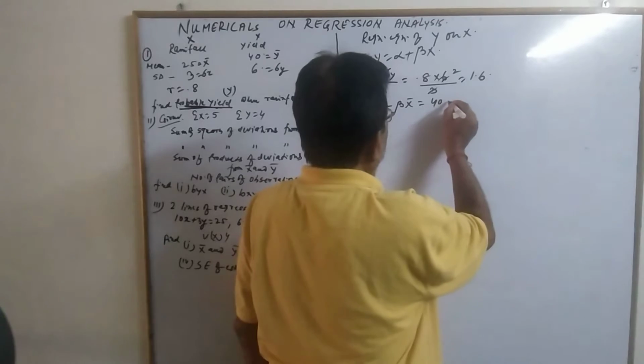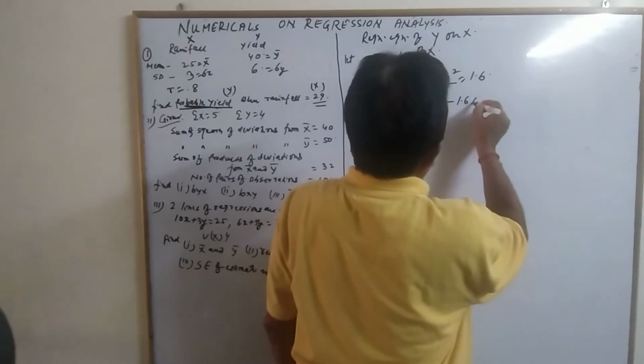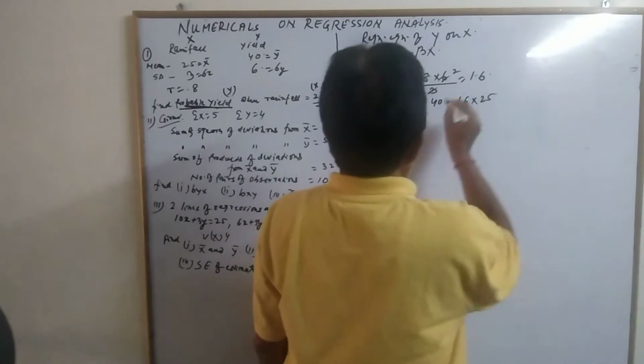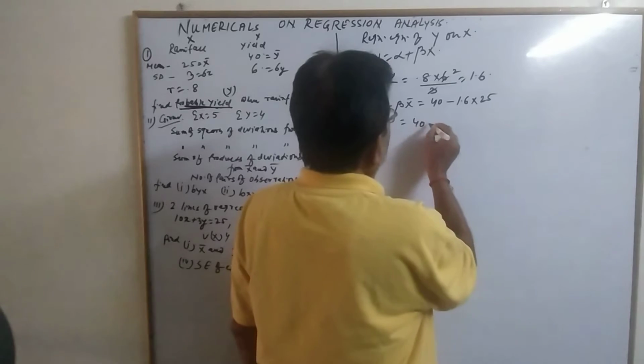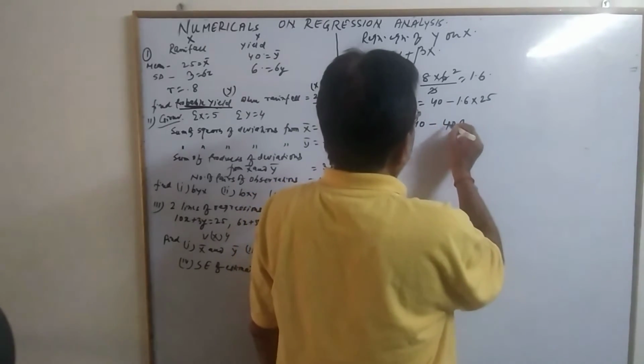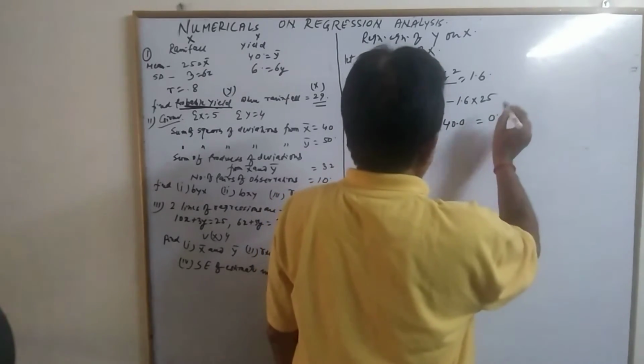So 40 minus beta, that is 1.6, into x bar, and x bar is 25. So this is 40 minus 40, which is 0.